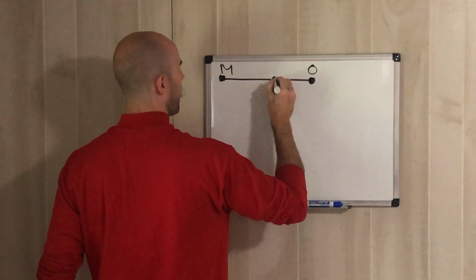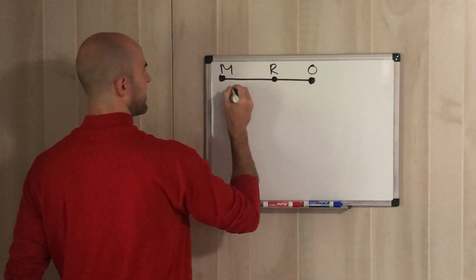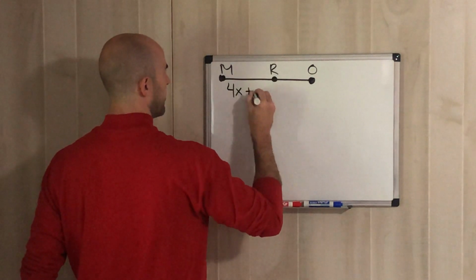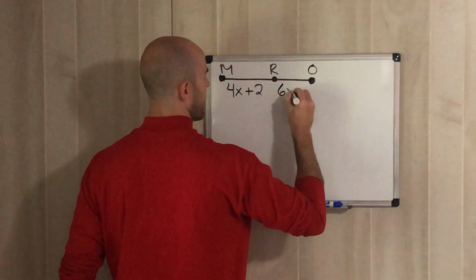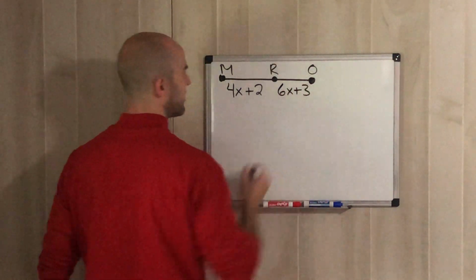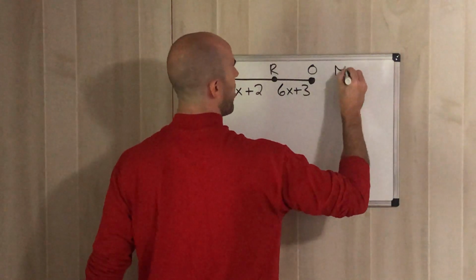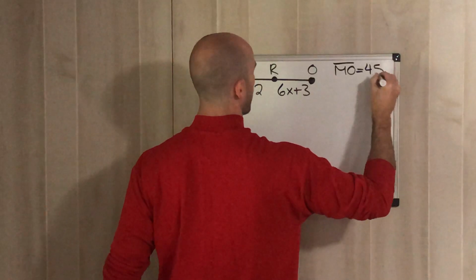And then let's call this R right there. Let's say that this right here is 4x plus 2, right? And then let's call this here 6x plus 3, right? And now I'm going to tell you that MO is going to be equal to 45.